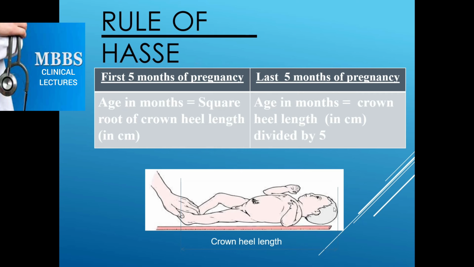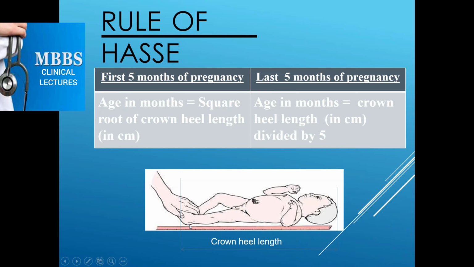The most important in calculation of age is the rule of Haase. It determines that in the first 5 months of pregnancy, age in months is equal to the square root of the crown heel length in centimeters.